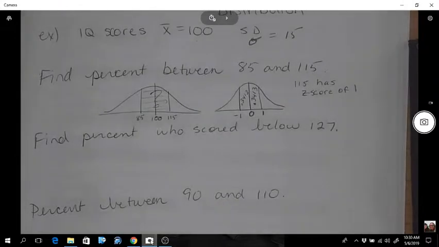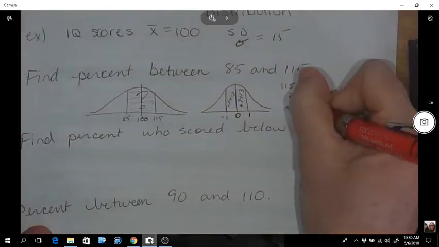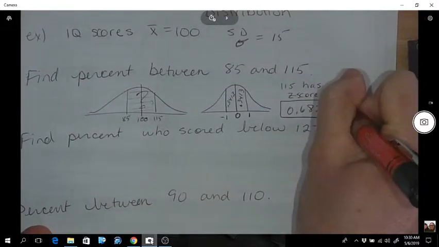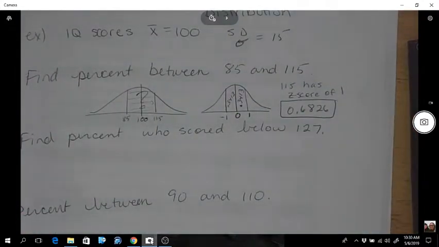Okay, so now you can see that the total percent between that would be that amount times 2. So 0.6826. In other words, 68.26% of the scores are going to fall between 85 and 115.